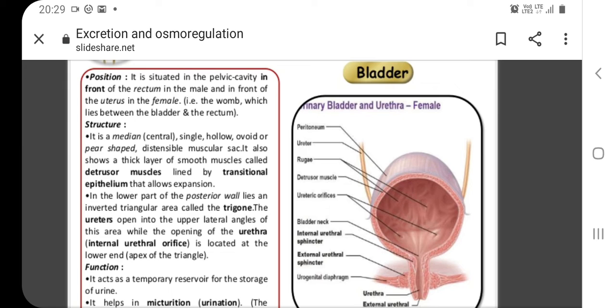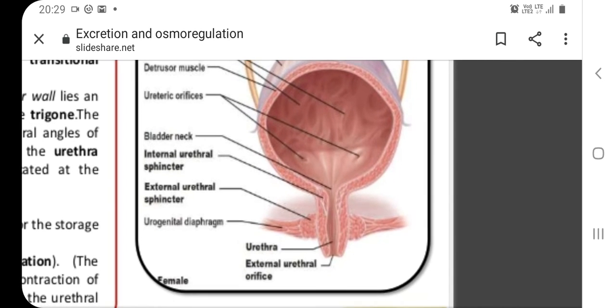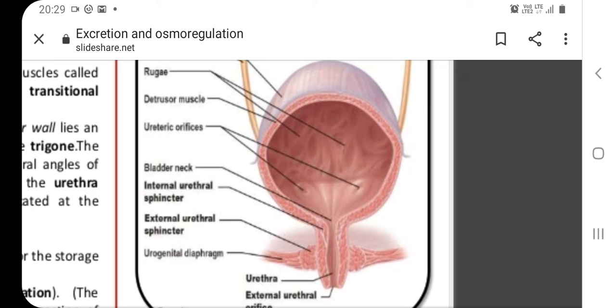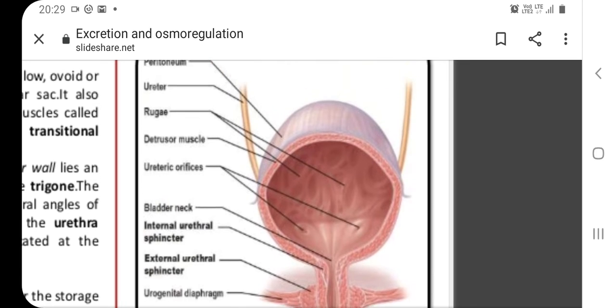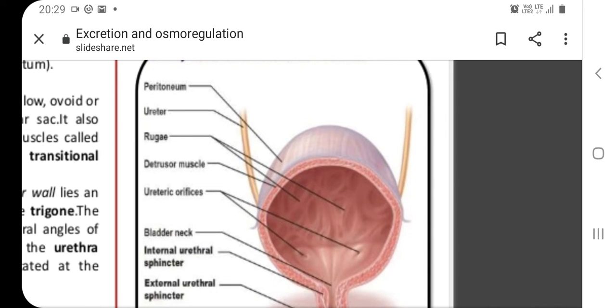In the lower part of the posterior wall lies an inverted triangular area called trigone. This is the structure of urinary bladder.